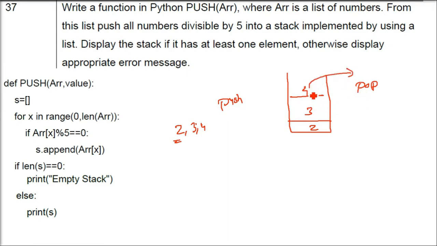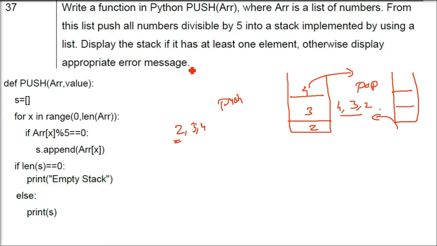When we pop, first 4 will be popped, 3 will be popped, and then 2 will be popped. So whichever comes last will be the first one to be taken out. Once 2 has been popped and you try to pop something again, there is nothing, because 4, 3, 2 have already come out. So that problem is called underflow.